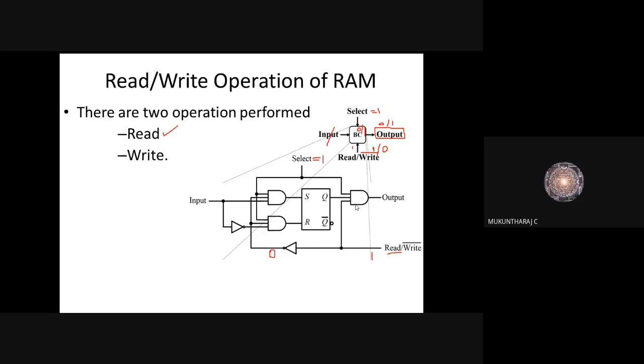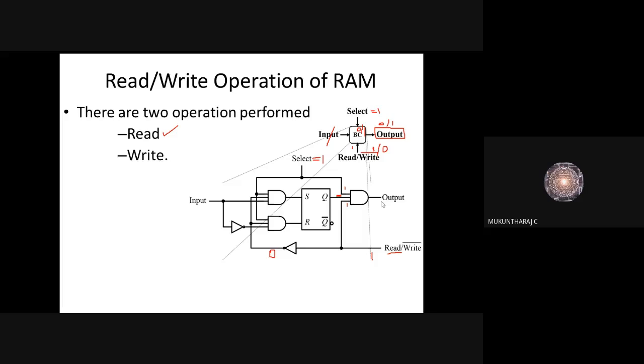So for this AND gate, 2 inputs are logic 1. It is a 3 input AND gate, and among these 3 inputs, 2 are logic 1. So the output depends on the third input line, Q. Based on the data available in Q, the output will be generated. If it is 1, then you will get output 1. If it is 0, then you will get output logic 0.